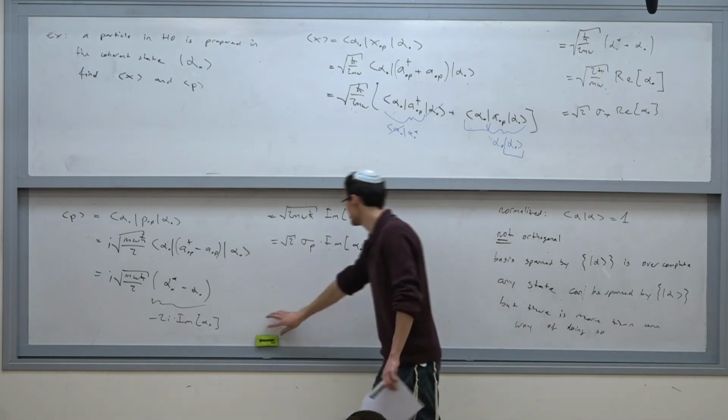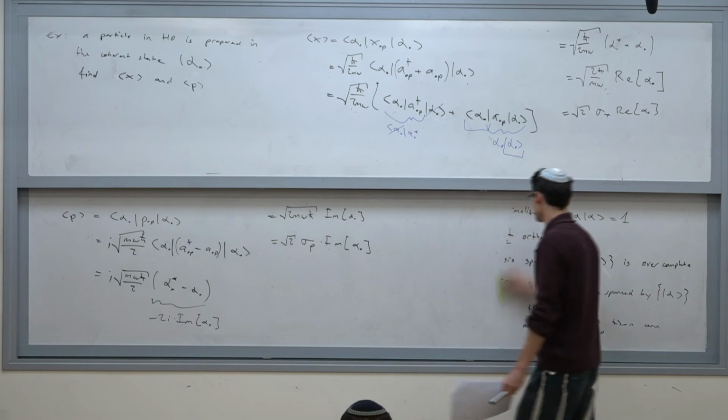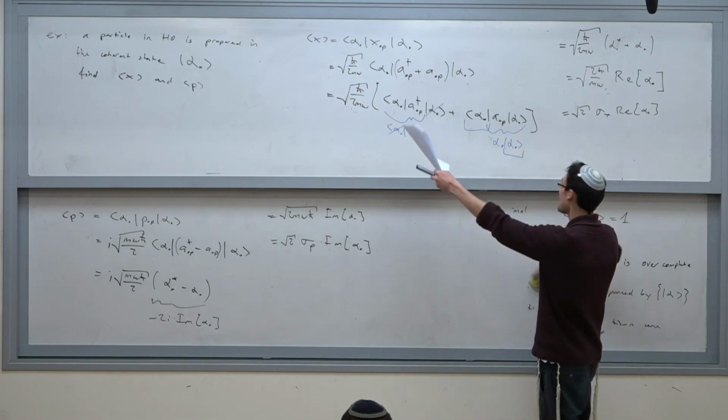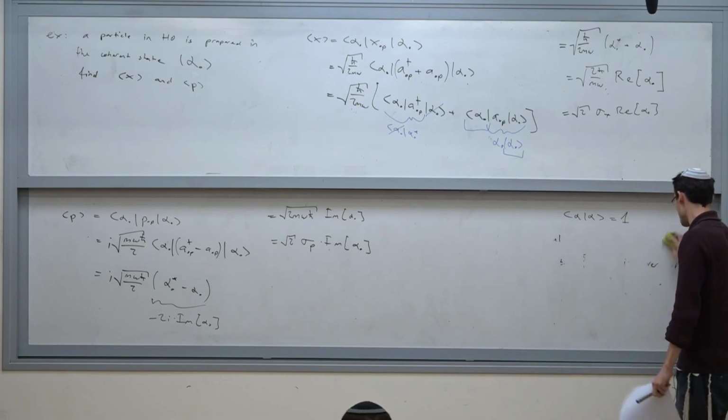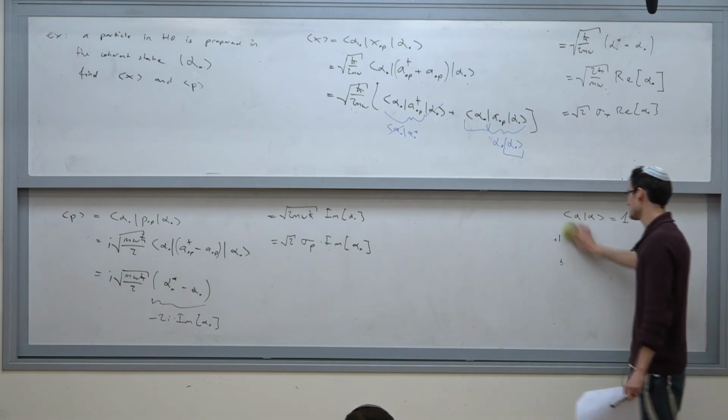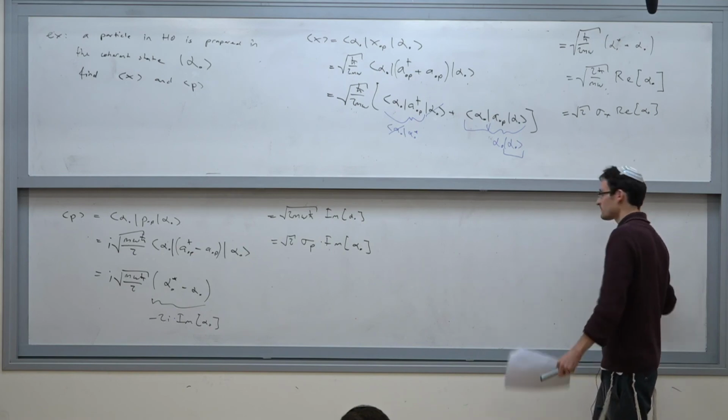And I'm coming to an end. You see that the average position is related to the real part of alpha. The average momentum is related to the imaginary part of alpha.